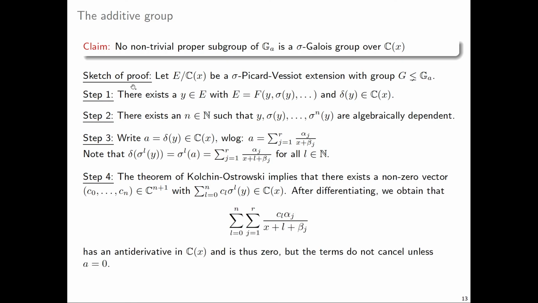Now we plug this expression from above in, and then this big term down here has an antiderivative in our base field C(x). Therefore it has to be 0 because it's just a logarithmic part, and it's easy to see that the terms do not cancel unless A is 0, and therefore y is in the base field and G is the trivial group.